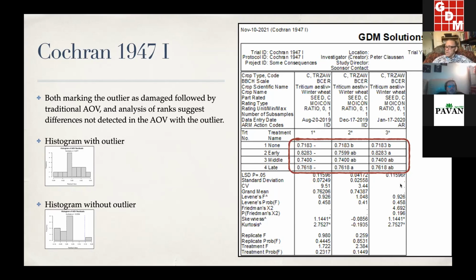And it will typically be recommended when there are no known transformations that allow us to meet the assumptions of normality. If we don't meet the assumptions of normality, the assumptions in analysis of variance, we tend to recommend the analysis of ranks, in which there are much less stringent assumptions about the distribution of our data.